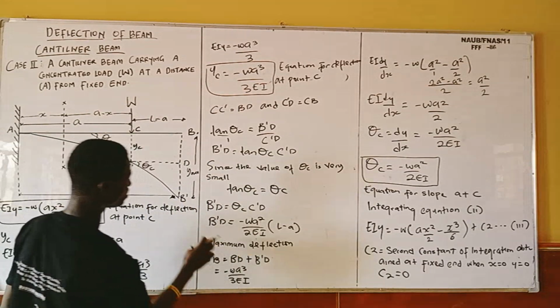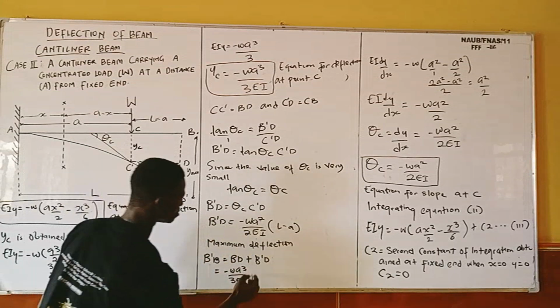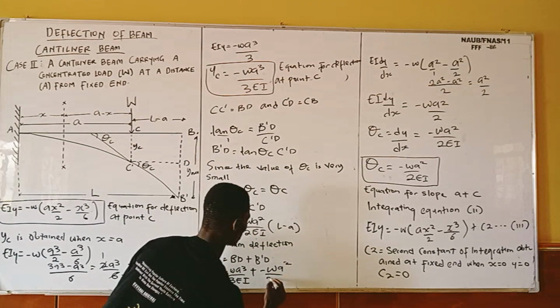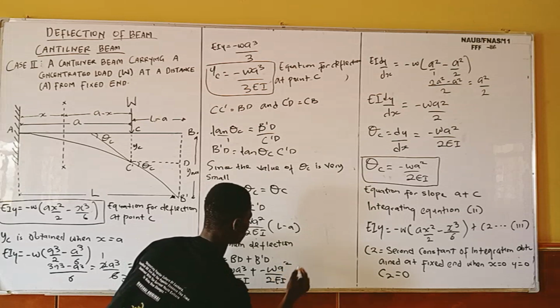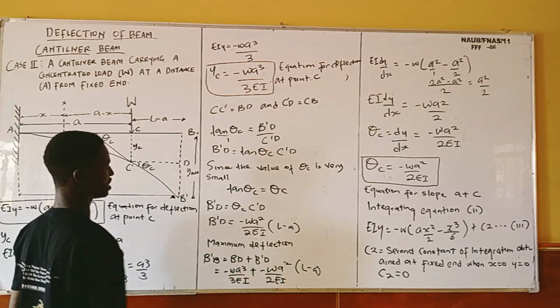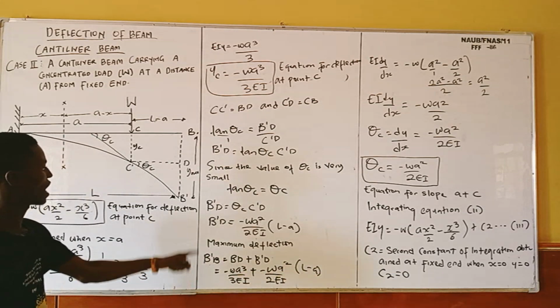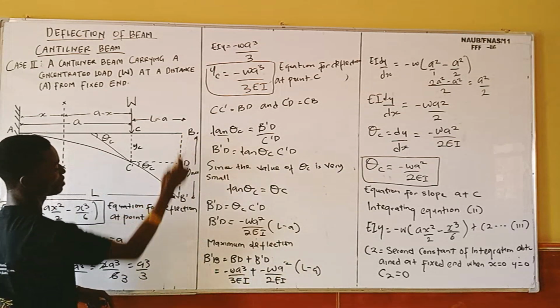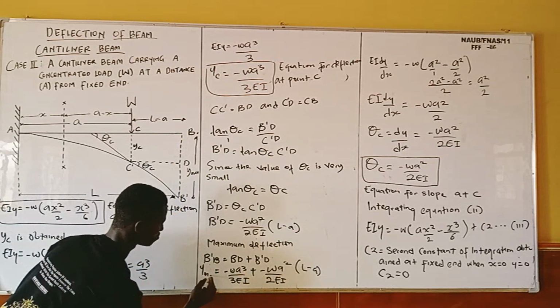So our B prime D, which is here, is to add minus WA square over 2EI L minus A. So we have negative and negative here, which is our Y maximum, B prime B. So we have Y max.